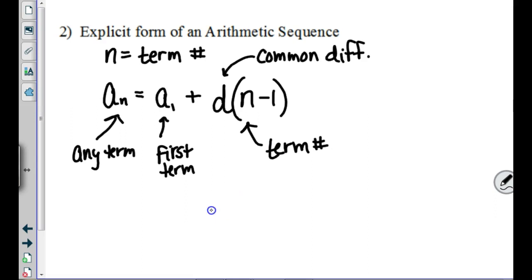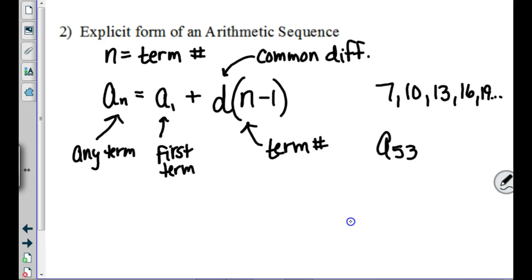So my example at the top of the page, I'll write it again. Did we start with 7 and we were adding 3? Yeah. Can we find the 53rd term? How would we do that? It would be the first term, which was 7, plus what is the difference?